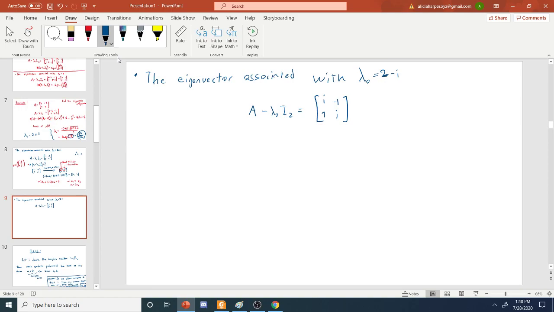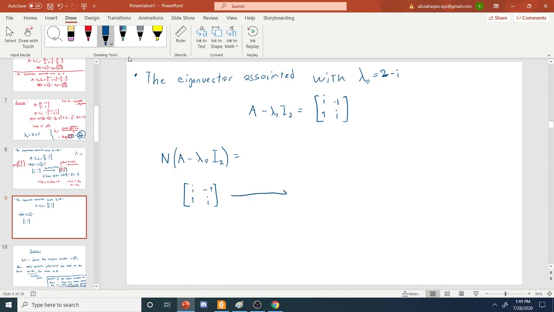And we want to figure out what the null space of this is. In order to figure that out, we're going to go through the same kind of row reduction calculation. So, how do we do this? Well, we have i, negative 1, and we have 1, i.